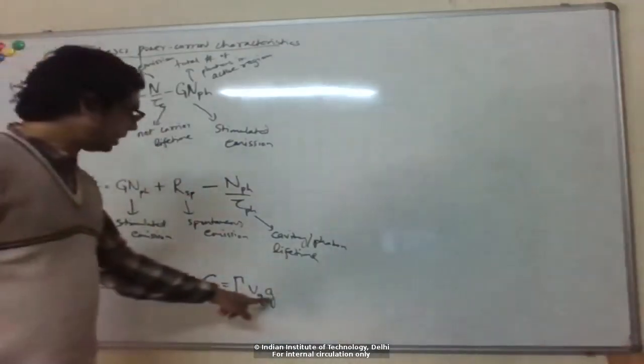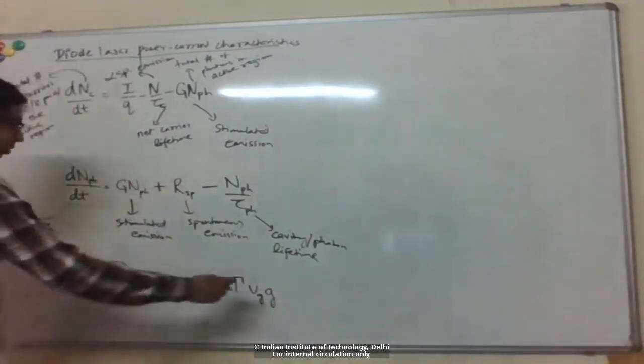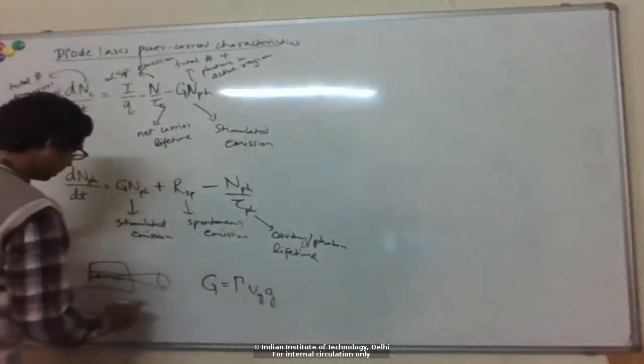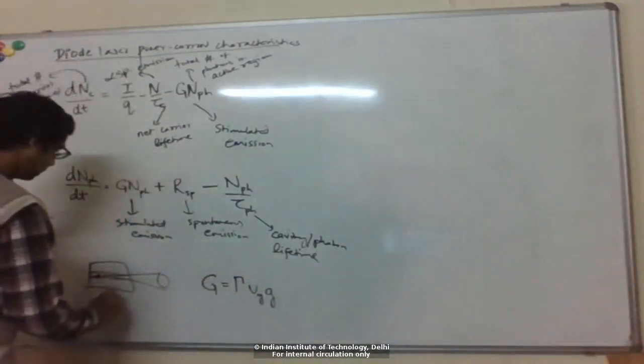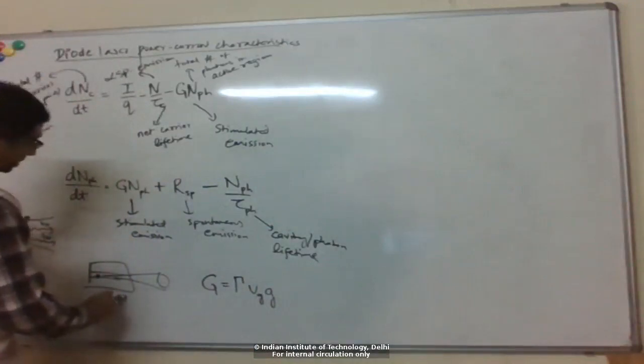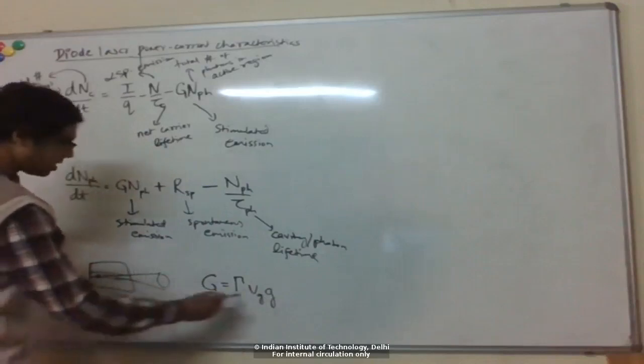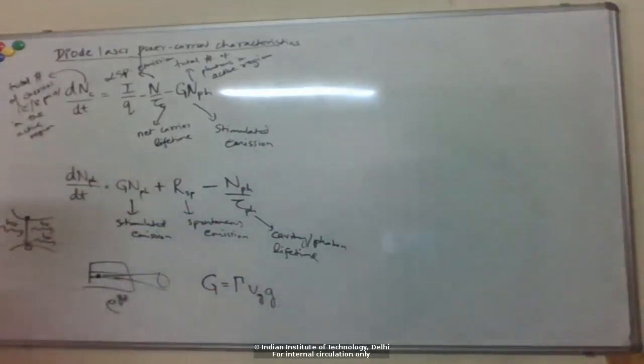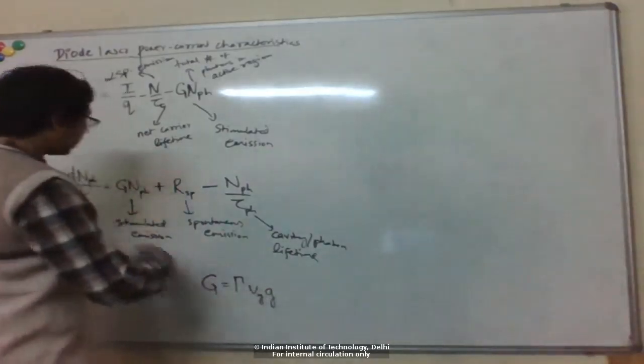Remember, the small g was the gain coefficient, so the field, or the power in the cavity, was experiencing gain like this, e to the gz. This small g was dependent on the carrier concentration.